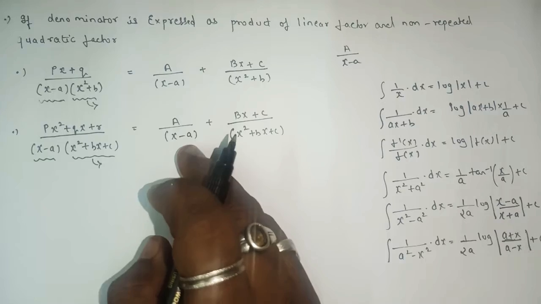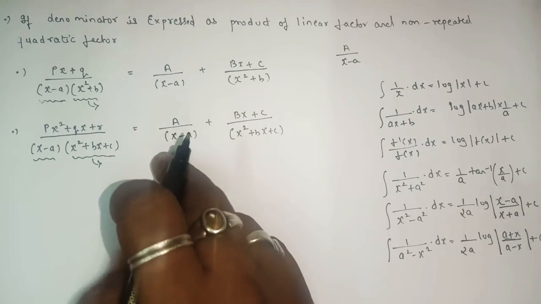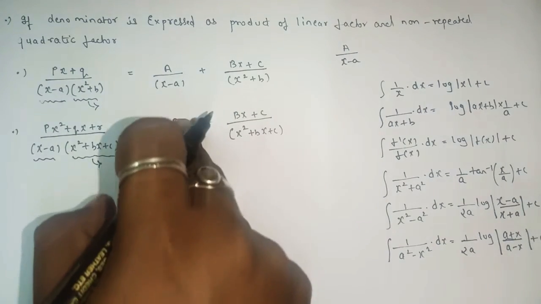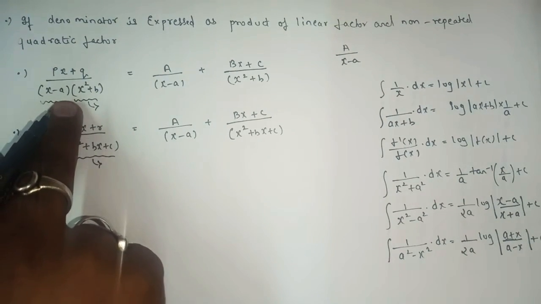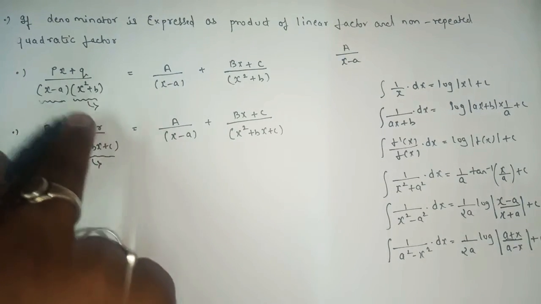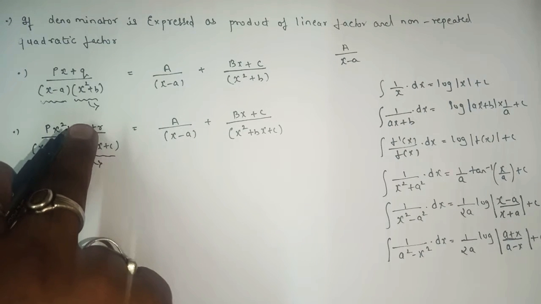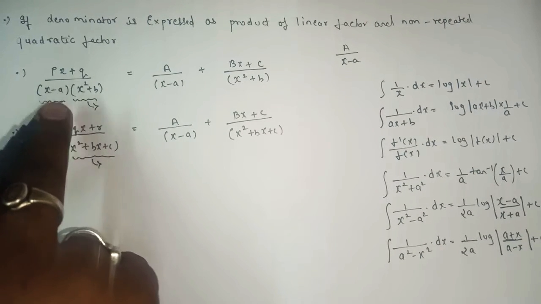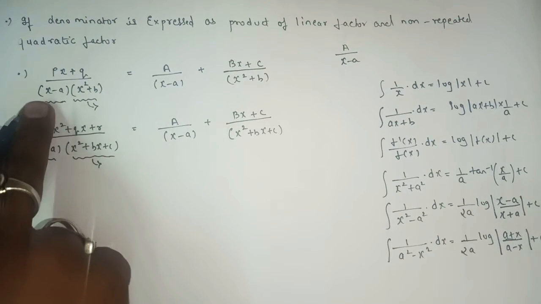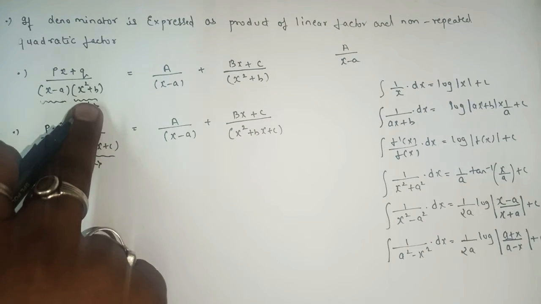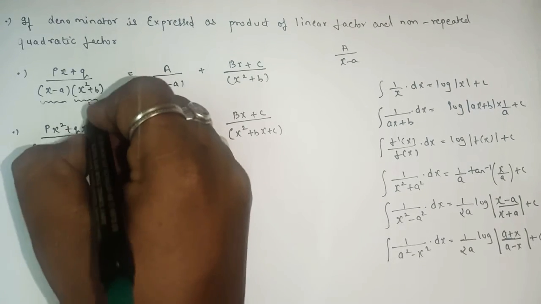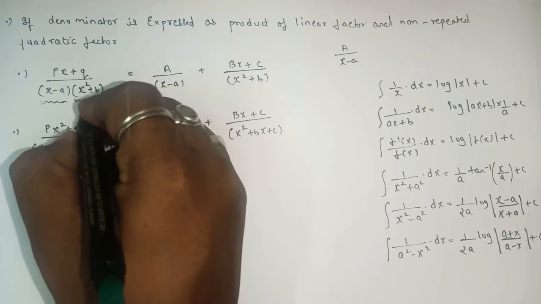So in type number 8, the first subtype was when the denominator is expressed as non-repeated linear factors. Second, when the denominator is expressed as a repeated linear factor. Here in this type we will do sums where the denominator is the product of a linear factor and a non-repeated quadratic factor, which we cannot factorize further.